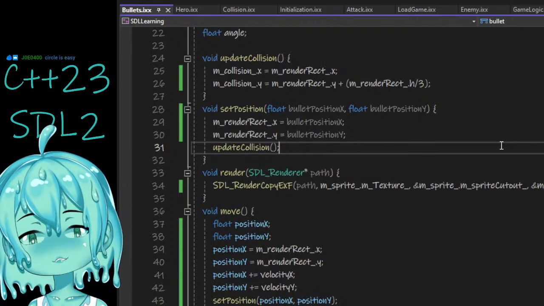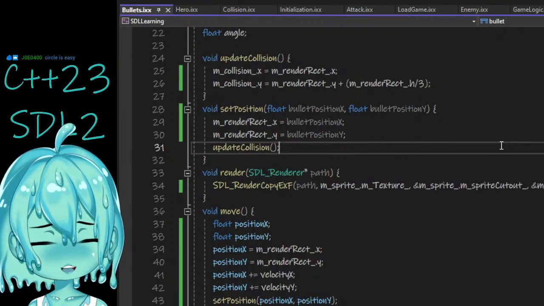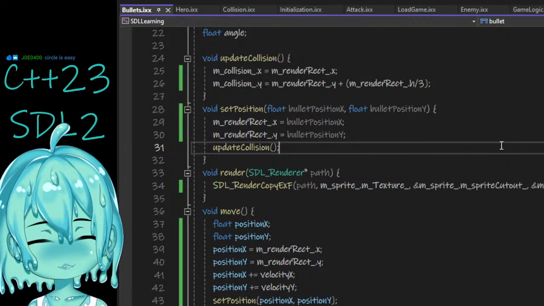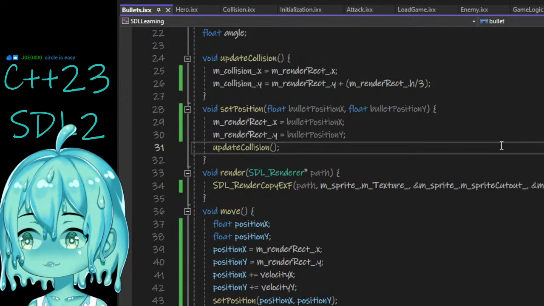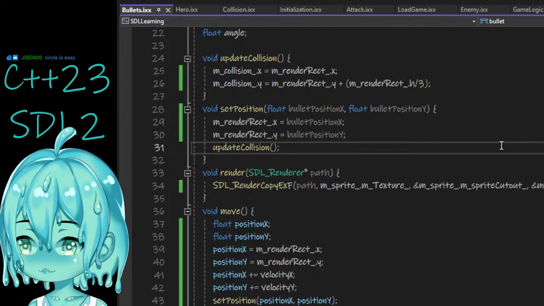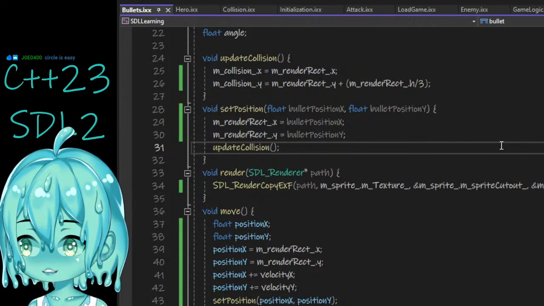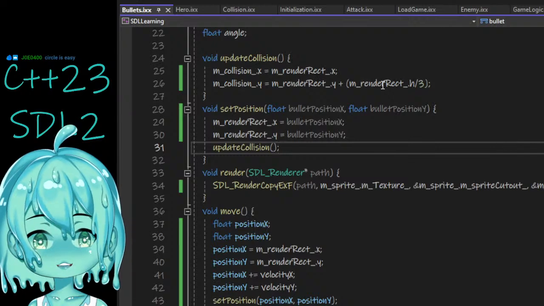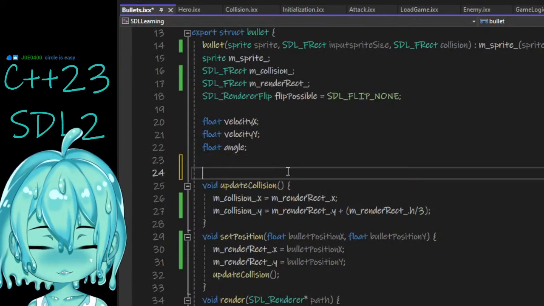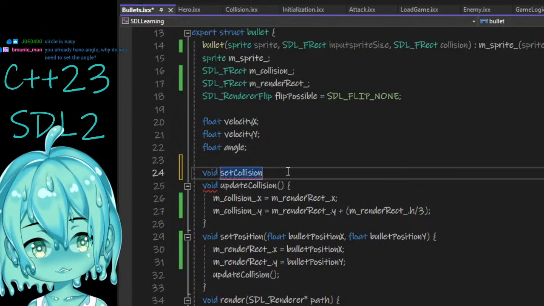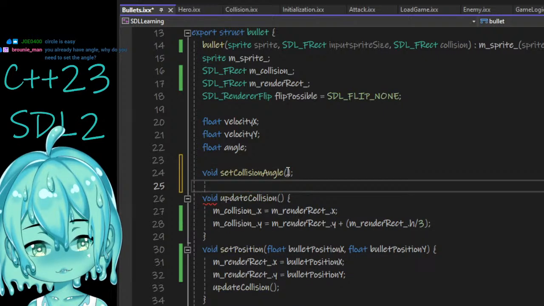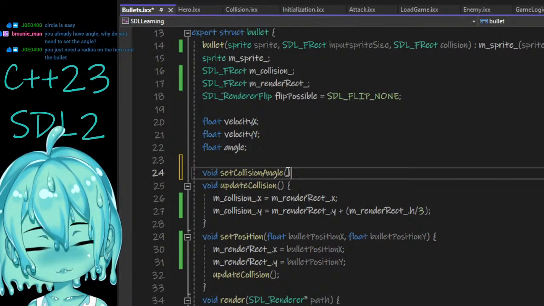Do we have a new function then called set angle, like set collision angle or something? Circles are the easy way. Okay, hold on, just for fun: void set collision angle, which takes no parameters.